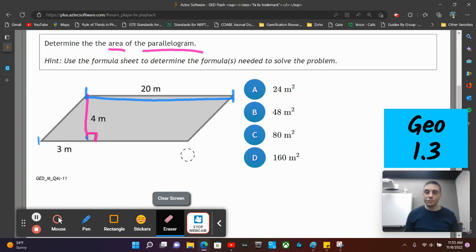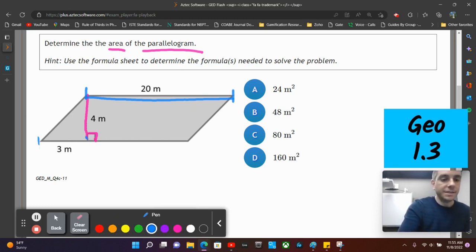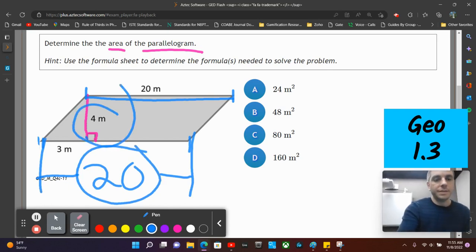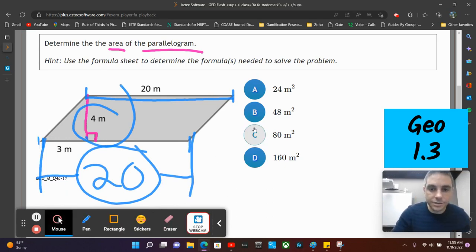So where they've labeled 20 on the top is also the distance from corner to corner along the bottom. So 20 is ultimately our base. And then multiplying 20 times 4 gives us a measurement of 80, and that is our answer to this question.